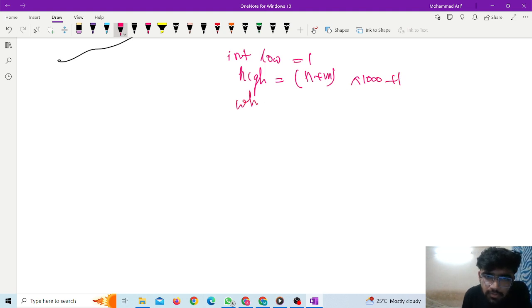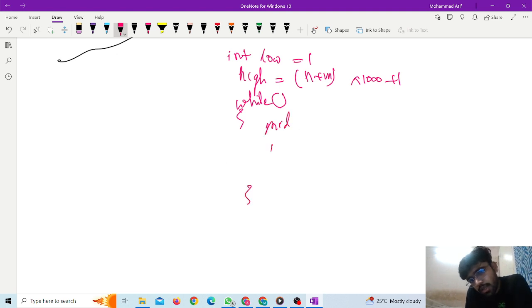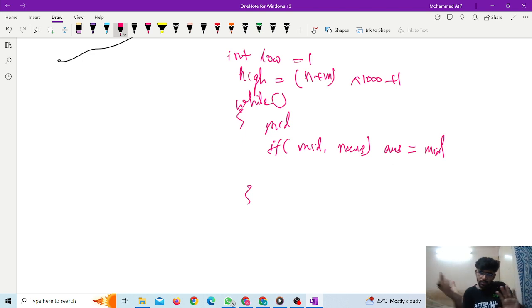Now we will run a while loop. I hope if you have come to this problem, you might know binary search, because in this problem I am not explaining what binary search is, or how it is implemented. So we are finding mid here, right? And if mid comma nums, the 2D vector, is equal to true, we are simply going to store this mid into the answer, and then we will shrink the search space to the left half.